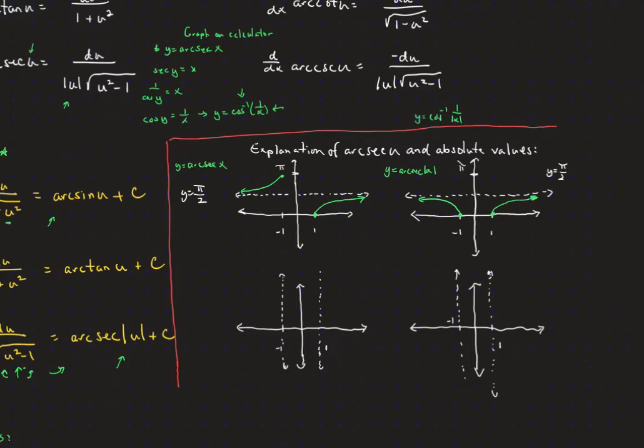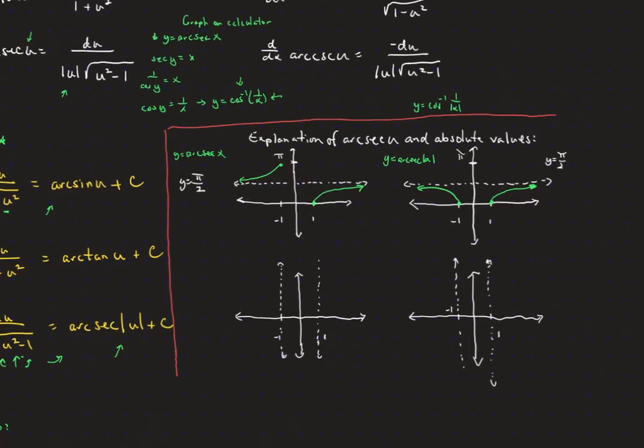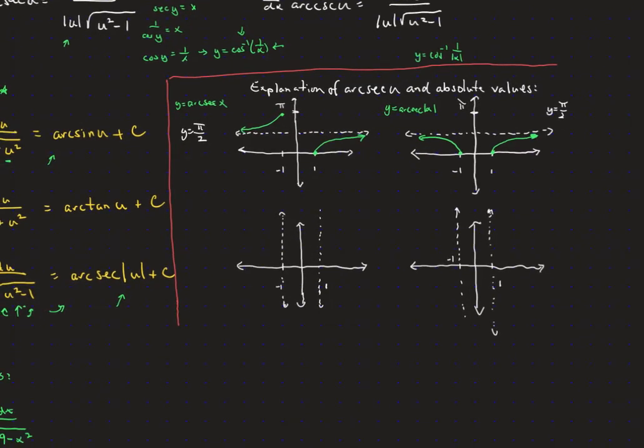Okay, now we'll come back and talk about this, but let's now graph on our calculators y equals 1 over the absolute value of x times the square root of x squared minus 1.